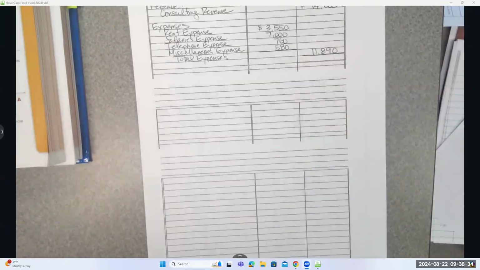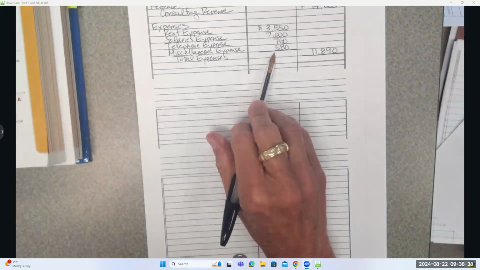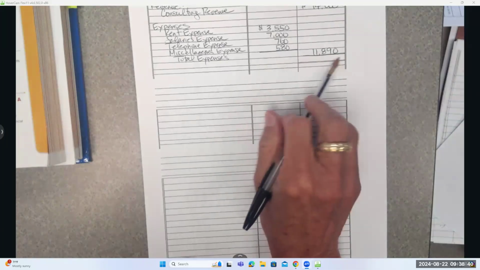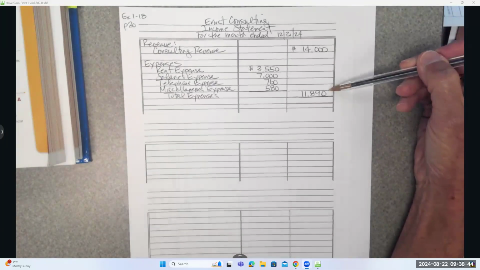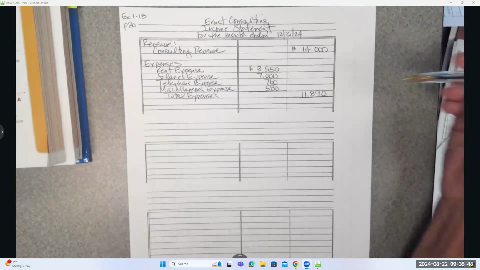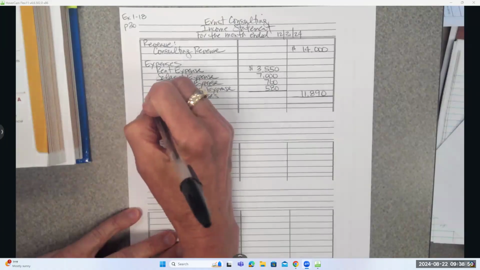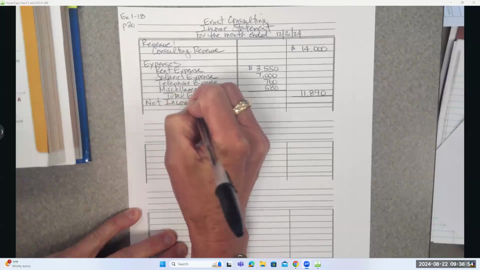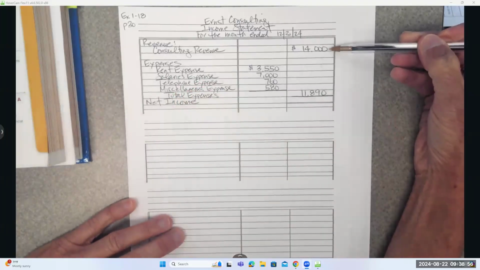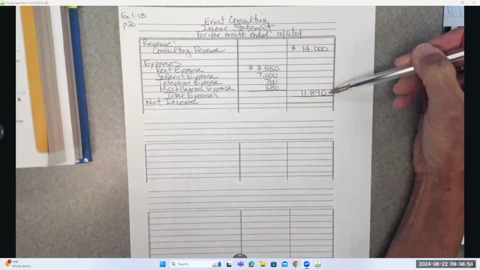Single underline because there's a total to follow. Put a single underline here. The total is over here. Put a single underline here because we're going to take our total revenues minus our expenses. Do we have net income or net loss? We have net income because we earned more than we used.